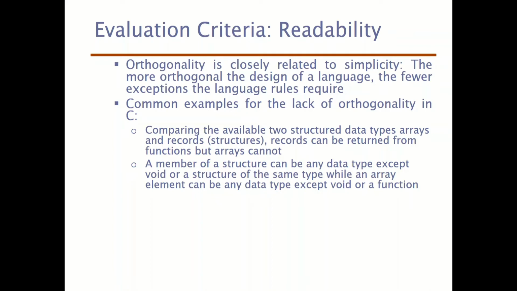One of the languages that has a problem or lack of orthogonality is C. Now think about this. I'll give you just 2 examples. I'm not sure how much you're familiar with C, but think about this. In C we have 2 types of structured data. Structured data means data that can combine more than one data type under the same name. Okay, we have the structures or the records, and also we have arrays.